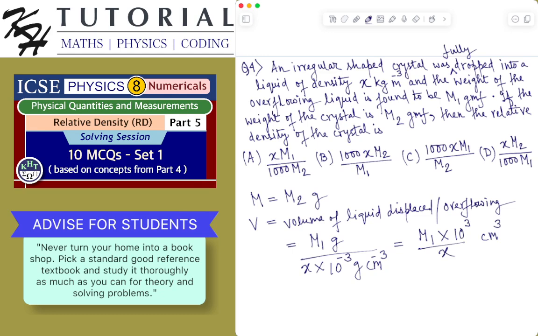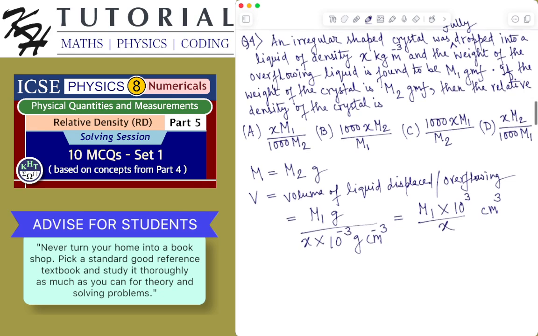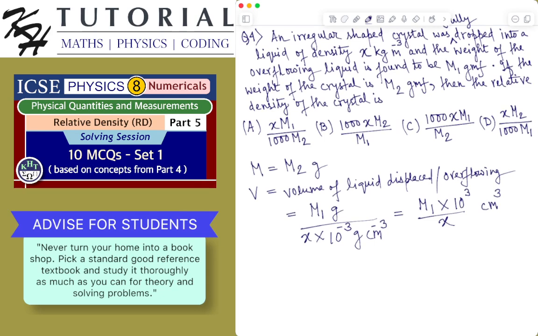This is the volume of the crystal. Okay, so we know the volume of the crystal, we know the mass. So what will be the density of the crystal? The density of the crystal is mass divided by volume, which is m2 gram divided by m1 multiplied by 10 to the power 3 divided by x centimeter cube.